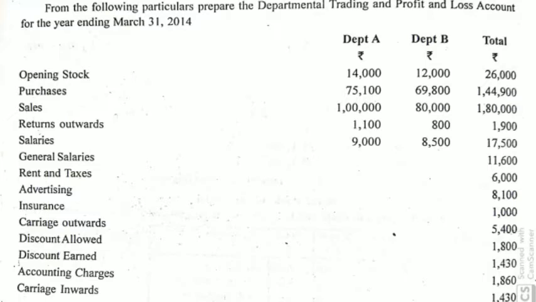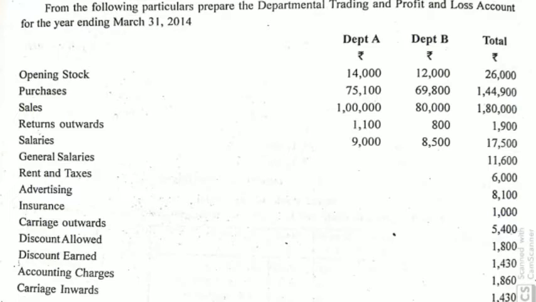They have given information in the form of a statement with columns: particulars, adjustments, and 3 amount columns, one for department A, another for department B, and another for the total.